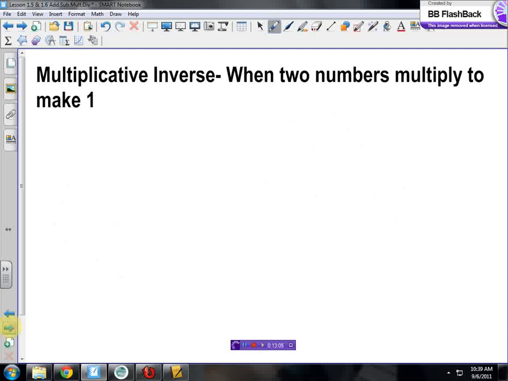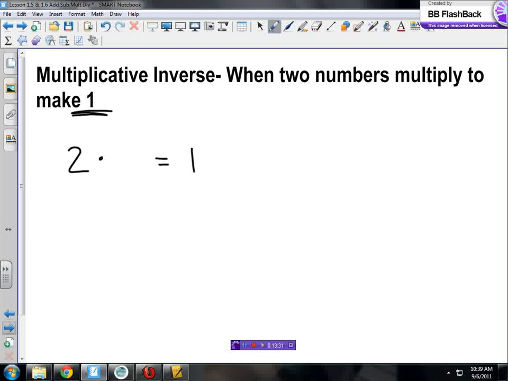All right. Now, just like we had additive inverses, the opposites, that went to 0, here, for multiplication, instead of going to 0, that's not what we care about. We care about going to 1. So if I have a number like 2, what number can I multiply 2 by so the answer is 1?